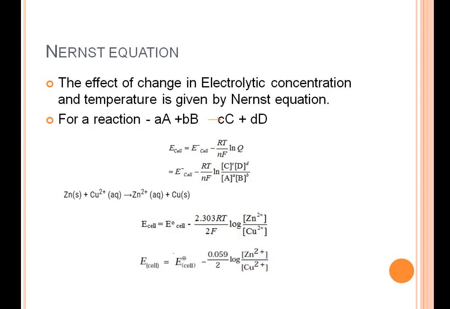Now 2.303 is a number, R is the gas constant, T if it is 298 Kelvin, and F, Faraday, we know the value to be 96500. So by putting all these values, we can reduce the expression to: EMF of the cell will be equal to standard EMF minus 0.059 upon n, number of electrons, log of active mass of zinc ions upon active mass of copper ions.